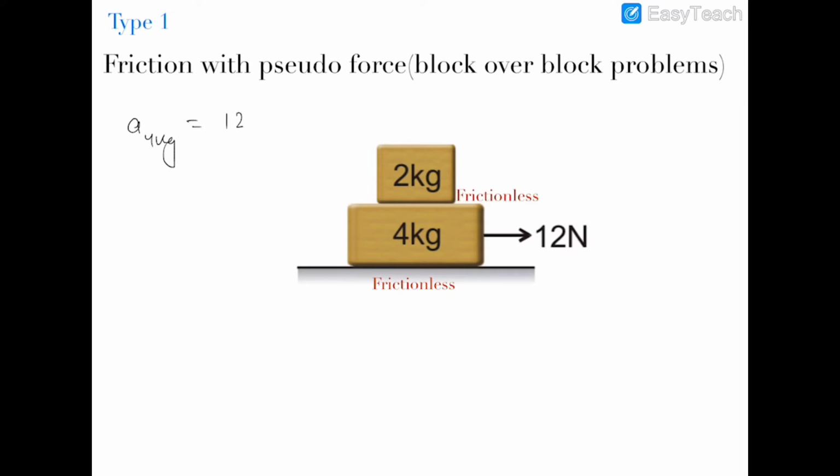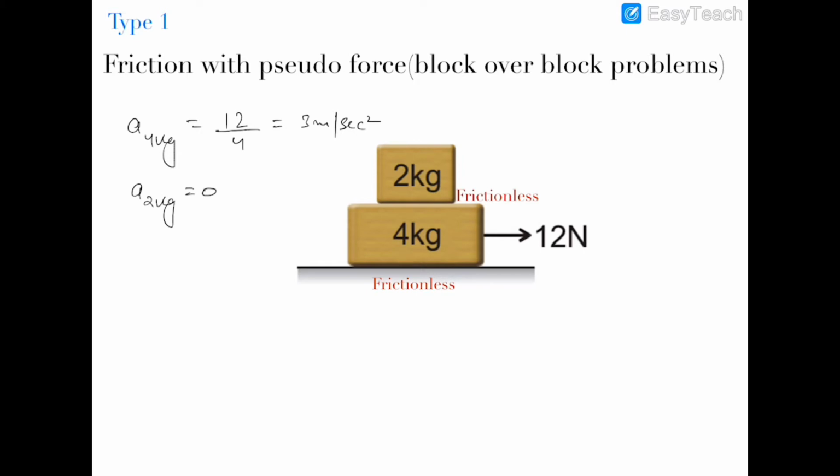Its force is 12 Newton and its mass is 4 kg, so its acceleration will be 3 meters per second square. And there is no force which will move this 2 kg block, as it is placed on a frictionless surface. So the acceleration of the 2 kg block will be 0.